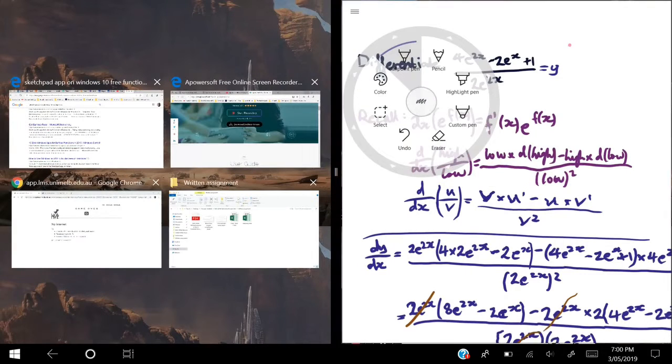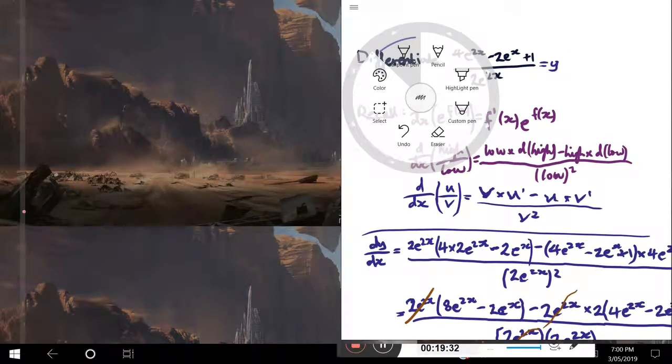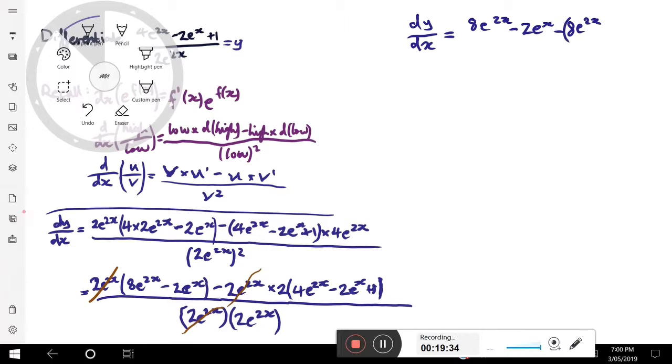I'm just going to put a bracket around here because there's a negative sign in front of that too. Be careful, don't forget that negative sign. Then 2 times negative 2e to the x is negative 4e to the x. And then 2 times 1 is just 2. Alright, and then this is over 2e to the 2x.